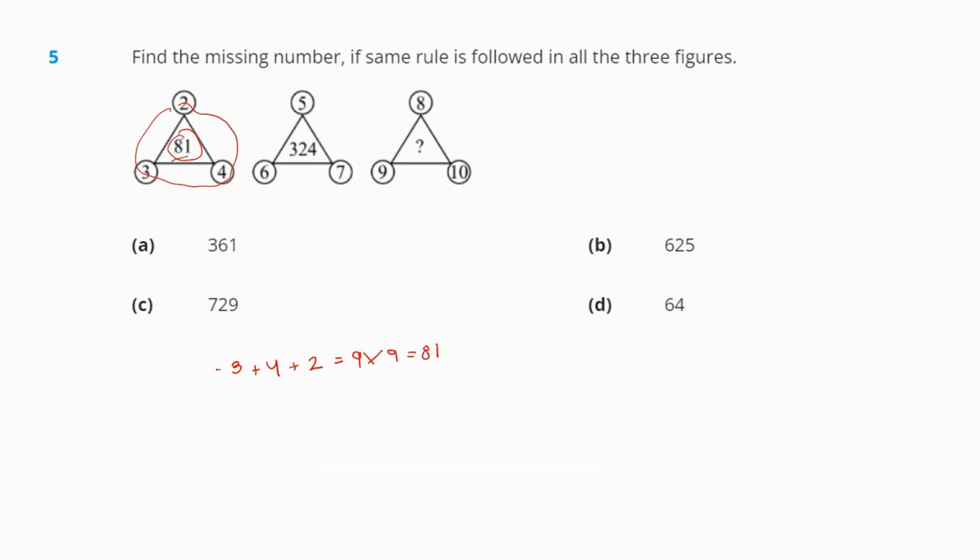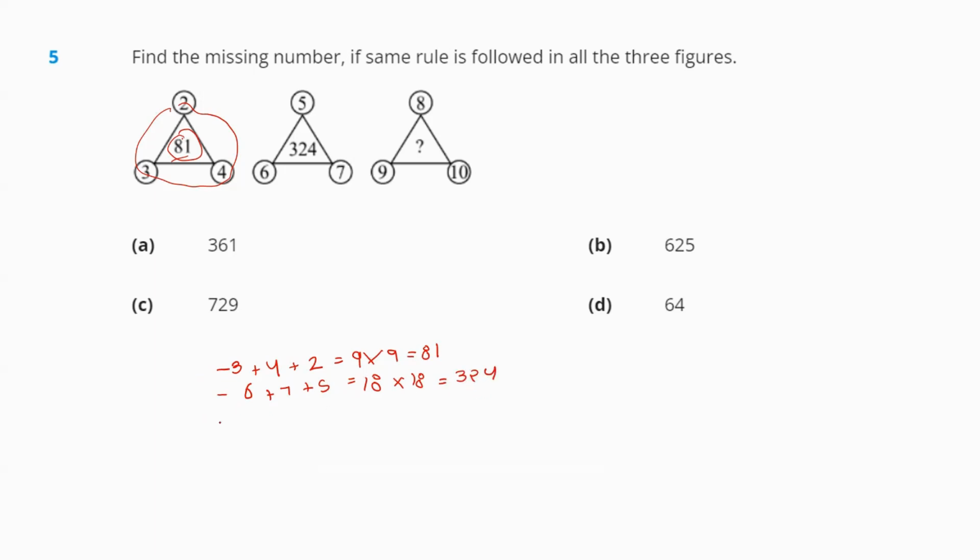Let's try to put this logic in the second as well. 6 plus 7 plus 5, we'll get 18. 18 multiplied by 18, we get 324.